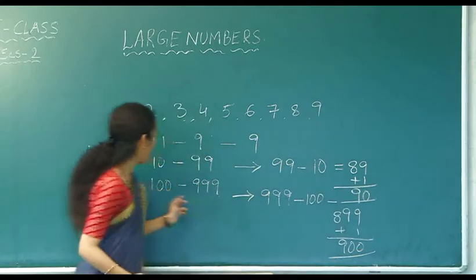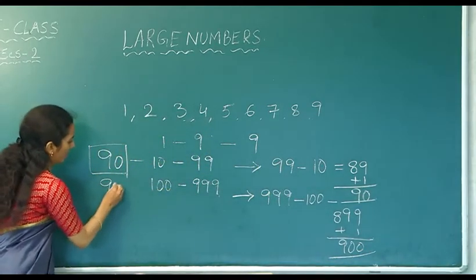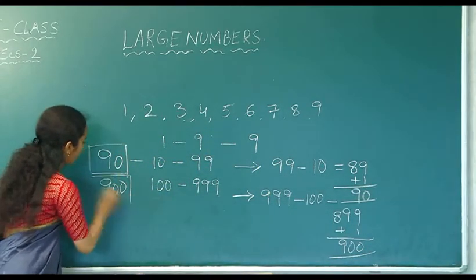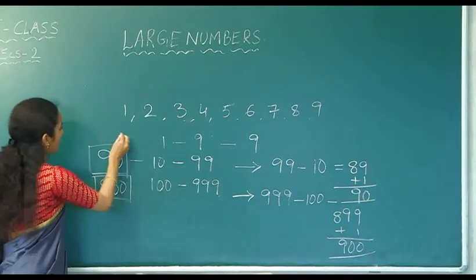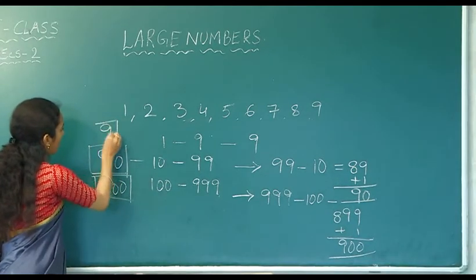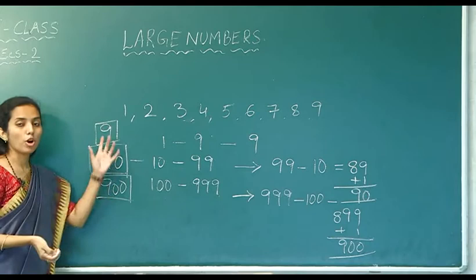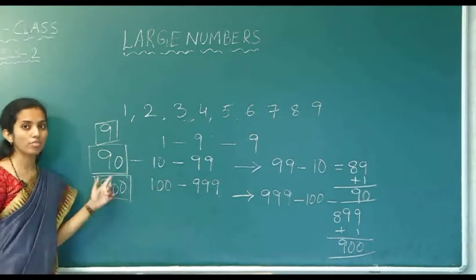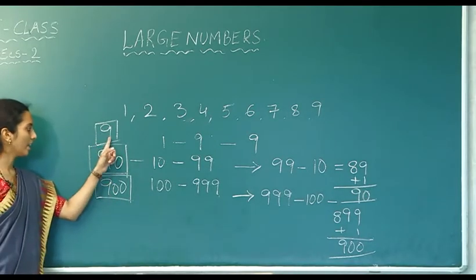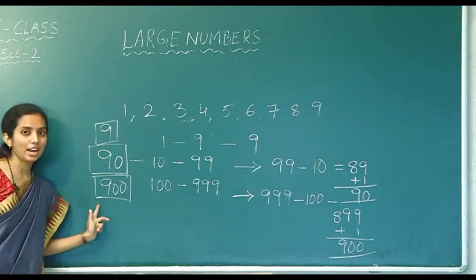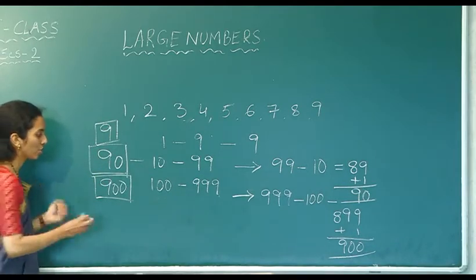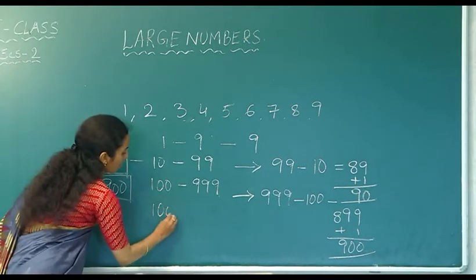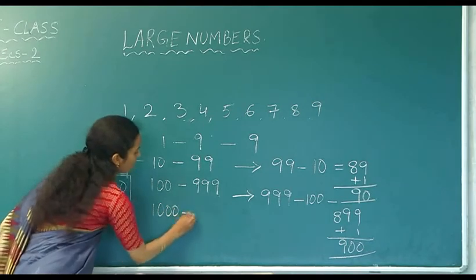So 900 numbers are there. And here, 9 numbers are there. So what do you observe? We observe a 9 series here. 9, 90, 900.